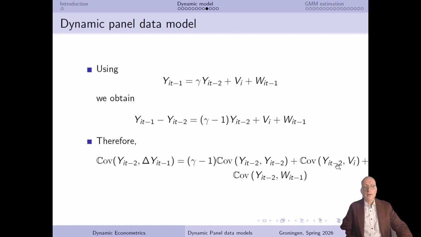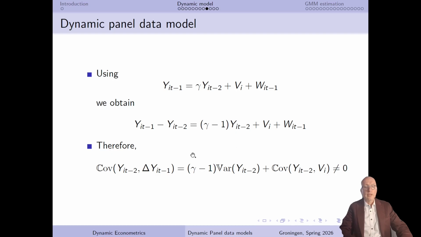However, this term over here is definitely not equal to 0, for the simple reason that y_{i,t-2} is by definition related to v_i, because y_{i,t-2} is equal to γ y_{i,t-3} plus v_i plus w_{i,t-2}. Therefore y_{i,t-2} must be correlated to v_i, so this term definitely is not equal to 0. That's of course also true for this term over here, because it is nothing else than the variance of y_{i,t-2}, and because y_{i,t-2} is not deterministic, this must be strictly positive.